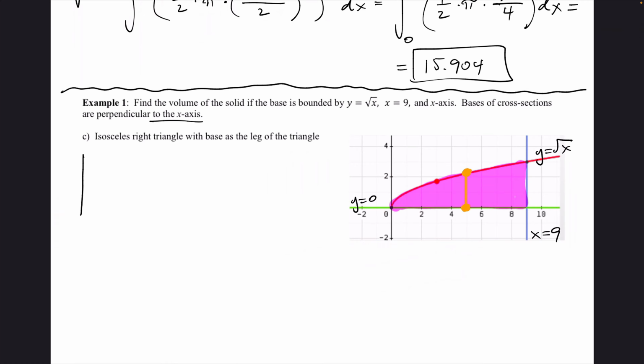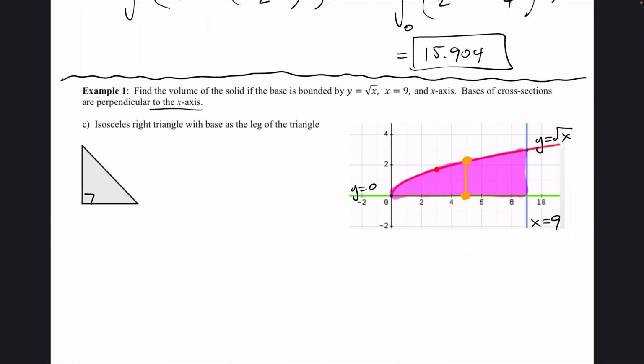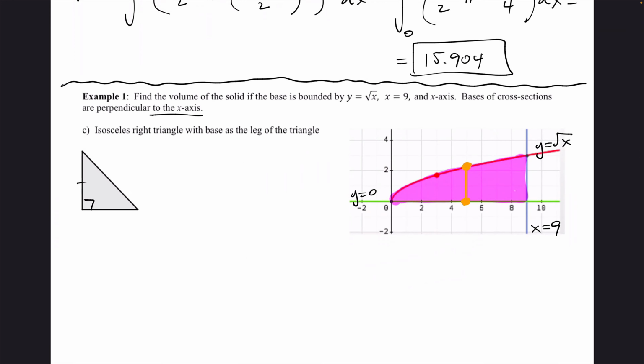I always draw a quick picture of the cross section, just because it helps me with the area. So the two legs are exactly the same. One of them is going to be the base. It doesn't matter which one you choose, because it's the same length.